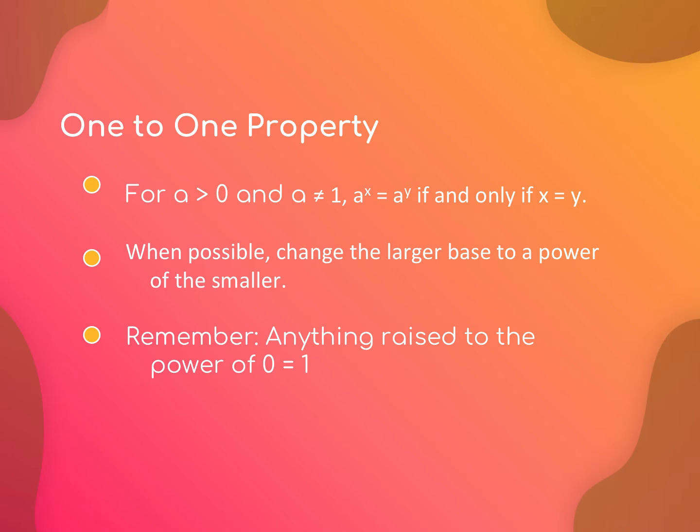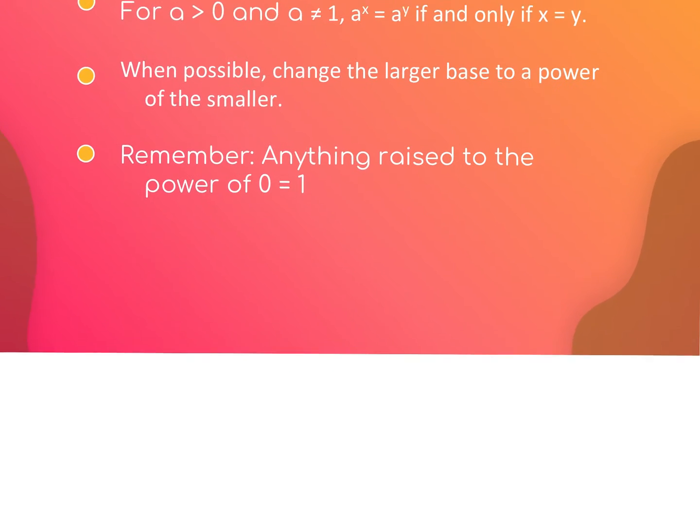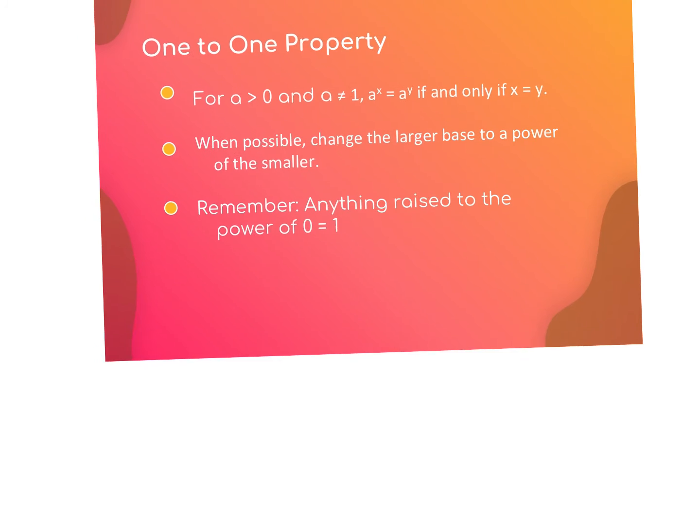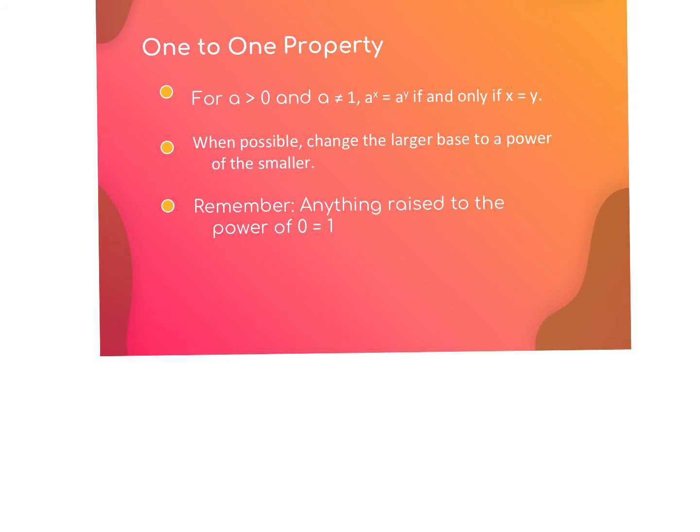The other thing, so here's the type of questions you're going to see. Let me come down here at the bottom. You're going to be given something like this where the variable is the exponent. So for example, find out what x is when 2 to the x power equals 8. Now, a lot of you can probably look at this and say, oh, I know 2 to the third power is 8.